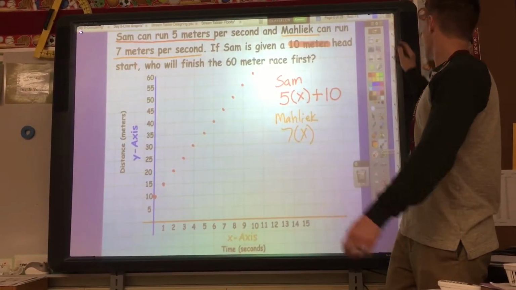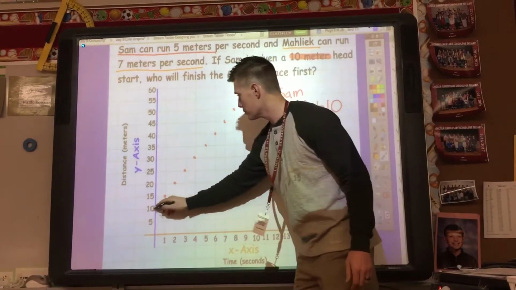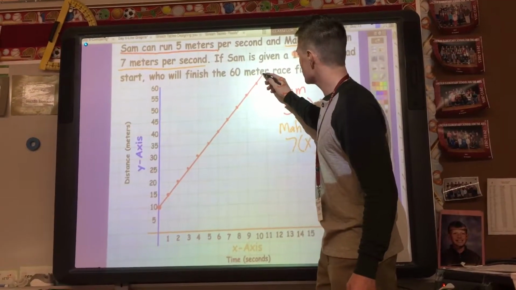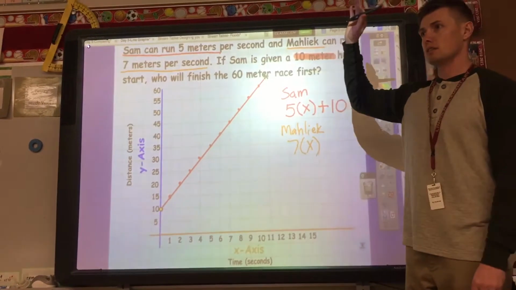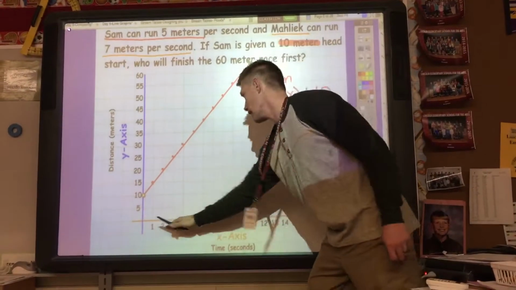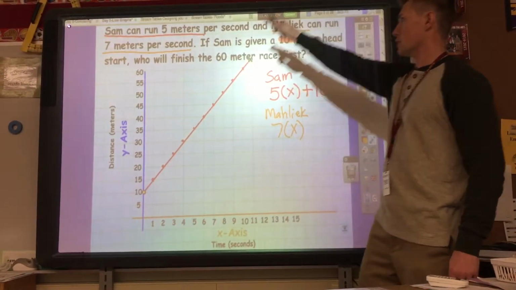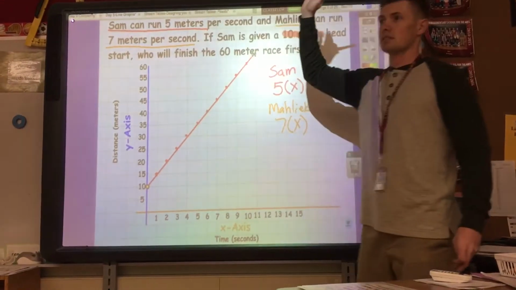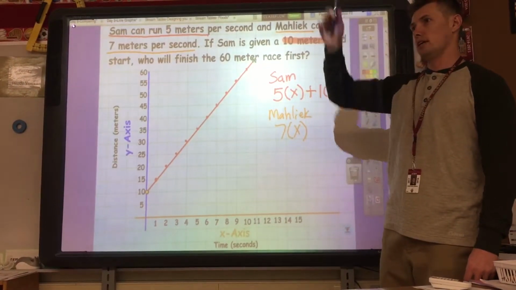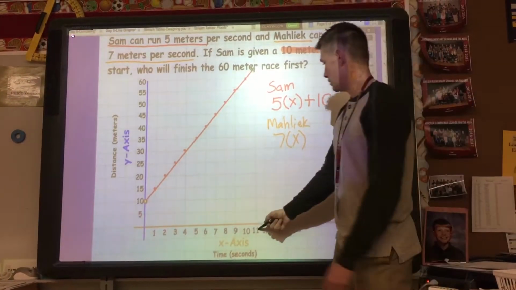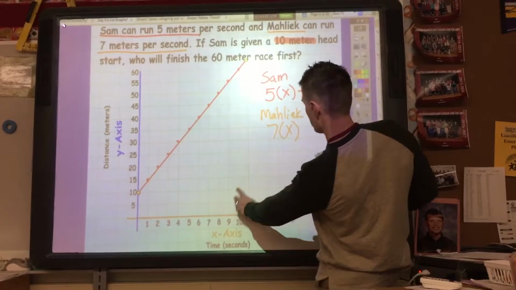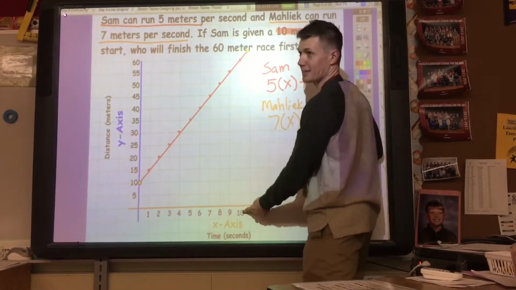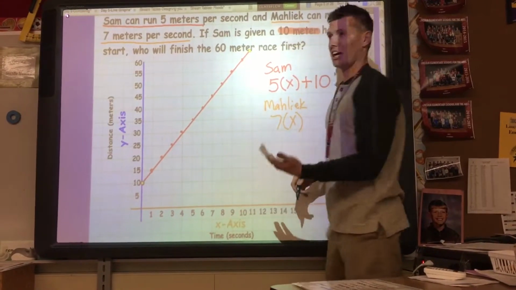So how long did it take for Sam to finish this race? What do we see? How many seconds did it take for Sam to reach 60 meters? Aaron? 11. It took him 11 seconds, 10 seconds. It's kind of hard to read.